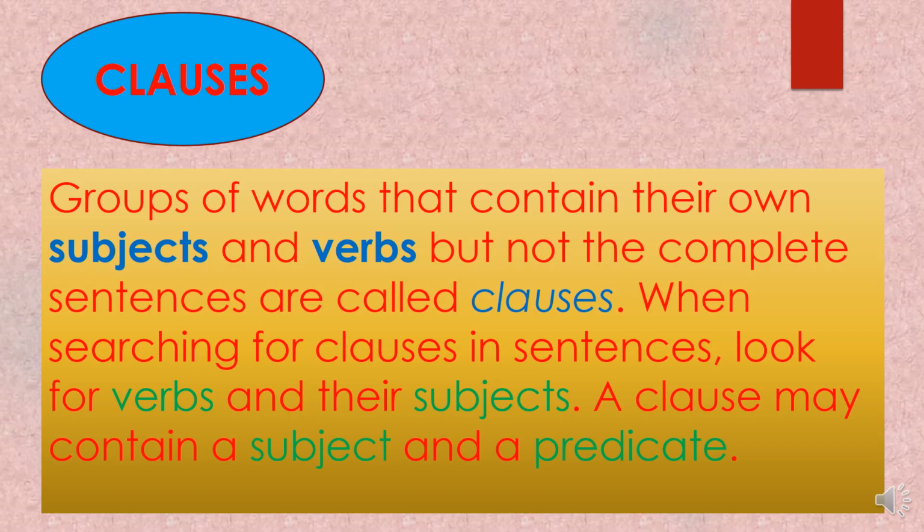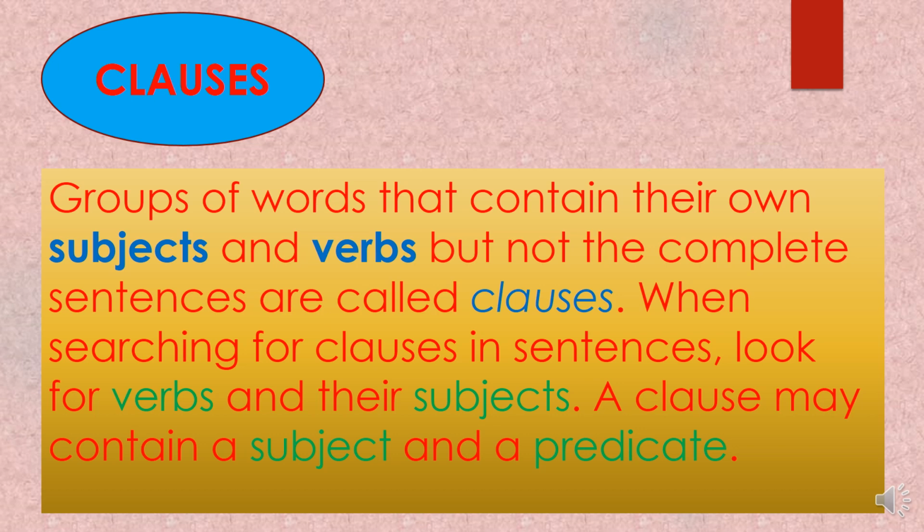So what are clauses? Clauses are groups of words that contain their own subjects and verbs, but are not complete sentences. See the difference clauses have from phrases. In phrases, you have seen that phrases are groups of words that act as a part of speech but cannot stand alone as sentences.